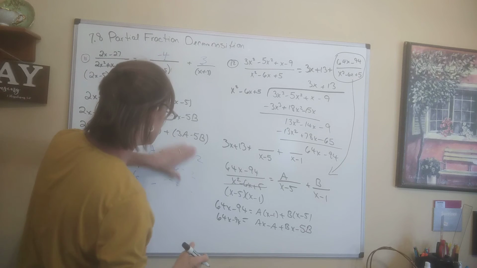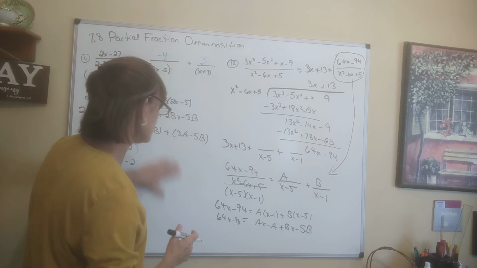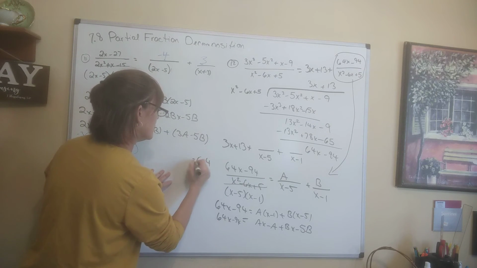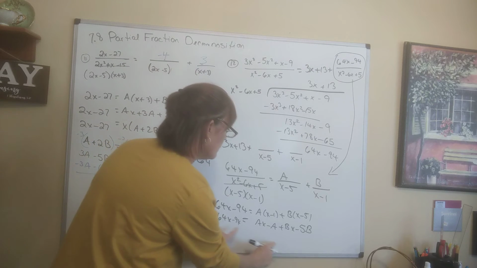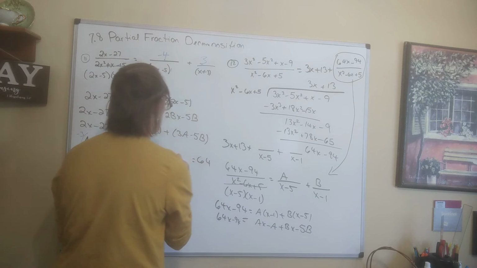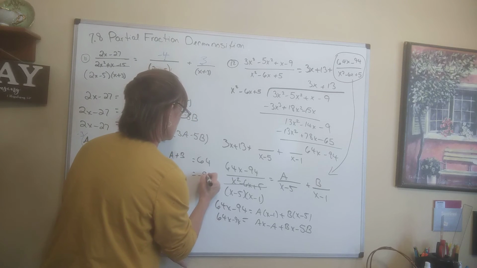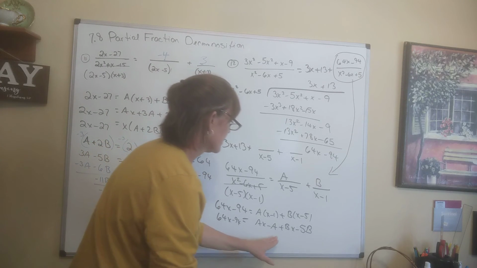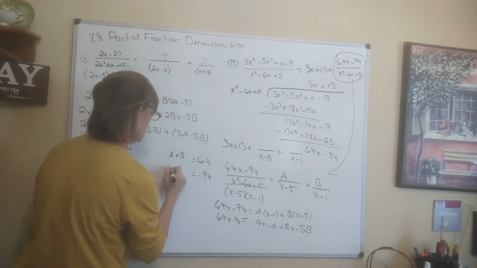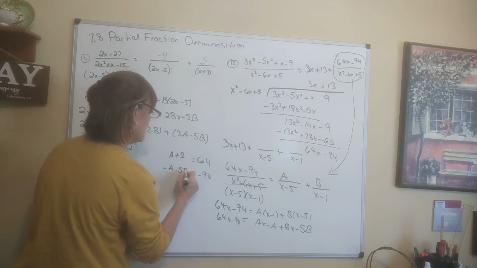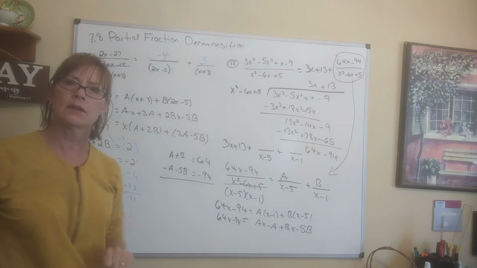We can get two equations here. 64 is going to equal, what are my coefficients going to be here? A plus b. Negative 94 is going to equal my constant term, negative a minus 5b. These are ready to be added, and it'll eliminate the a.